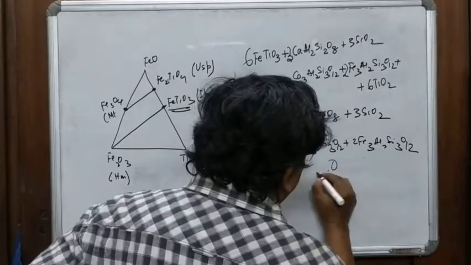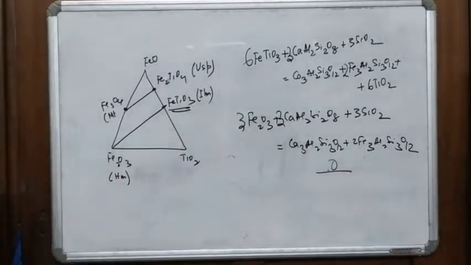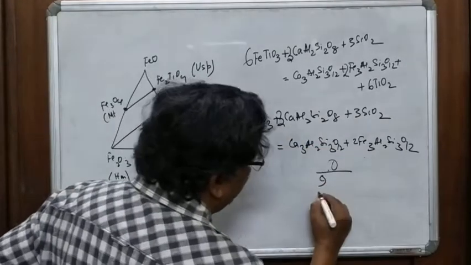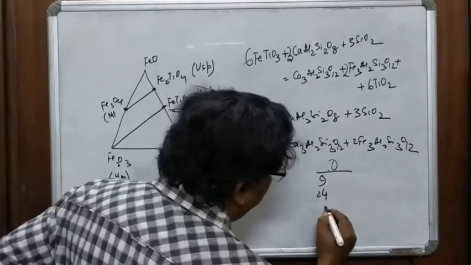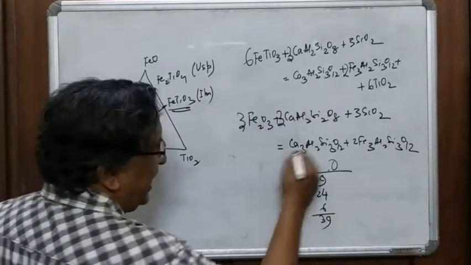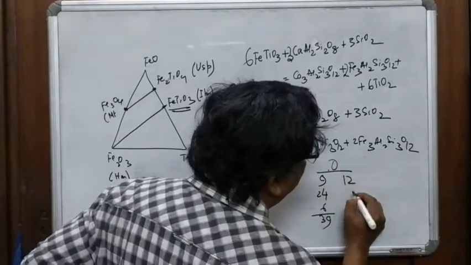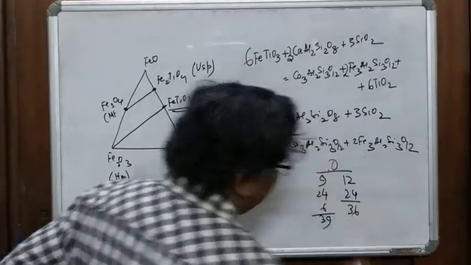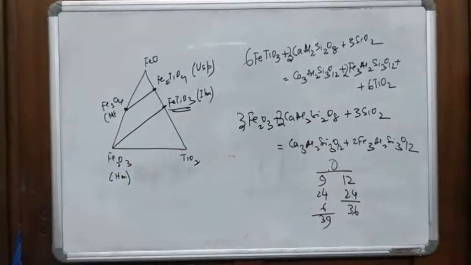If you go for oxygen, then you will see on the left hand side you have 9 oxygen, then you have 24 oxygen, then you have 6 oxygen, that is 39 oxygen, and on the right hand side you will have 12 plus 24, that is 36 oxygen. You will have an oxygen deficiency.